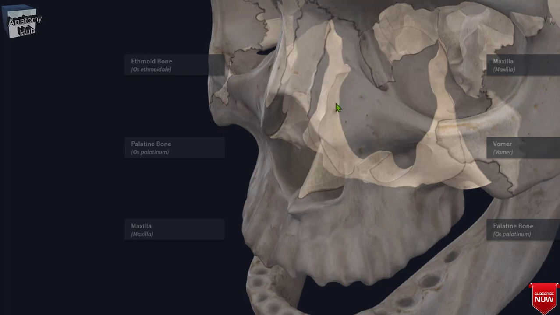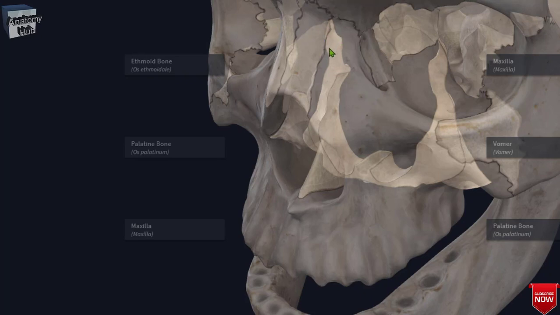This nasal surface forms the supero-posterior part of the nasal septum, and it articulates superiorly with the cribriform plate of your ethmoid bone.